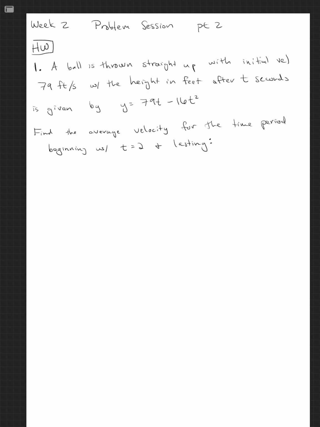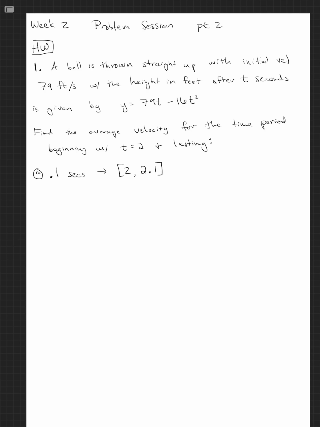So this problem is a lot like some of the ones we did in last week's problem session, because it was from the reading from last week. That's going to happen a little bit because of the way the homeworks and the problem sessions mesh up. But the first part, part A, wanted it to last 0.1 seconds. So that means we are looking at the time period 2 to 2 plus 0.1.